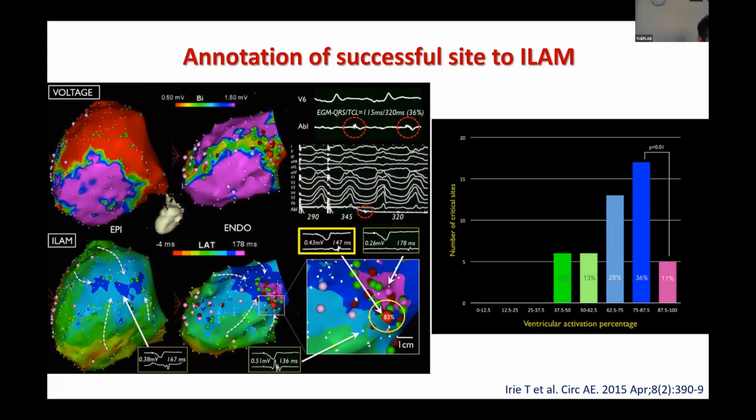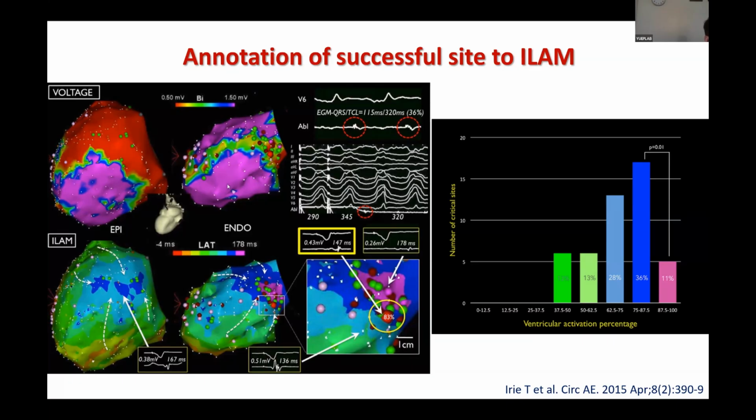Sometimes when we look at the late potential, what brings the late potential? Probably the late potential is late because you have some slow conduction before. When you have very slow conduction before and move forward to an area that is relatively healthy, or relatively rapid conduction, the following part will be relatively late.